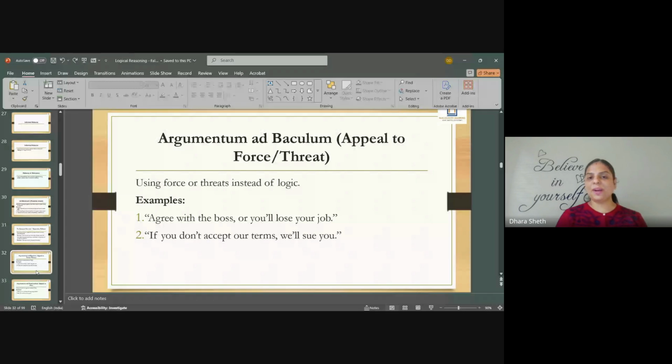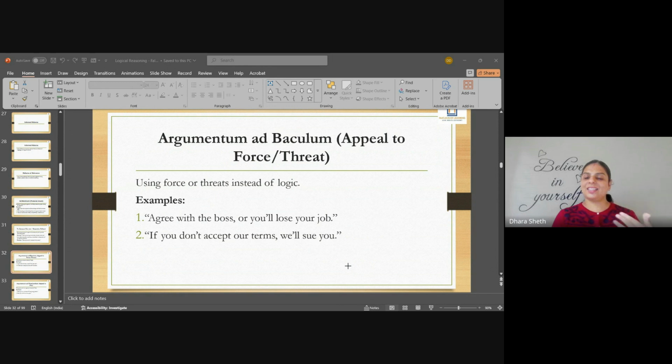Next, argumentum ad baculum, or appeal to force or threat. Using force or threats instead of logic. Agree with the boss or you will lose your job. Even if the boss is wrong, you are supposed to agree with it. In the meeting, it is said, don't argue, just agree with the boss or we will remove you from the job.